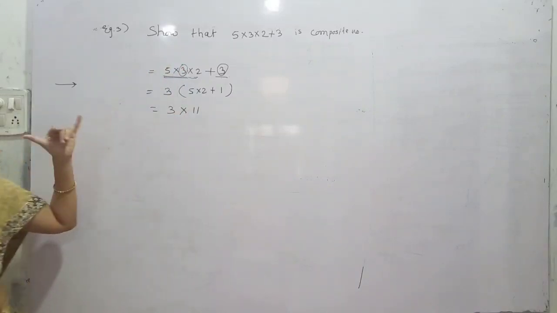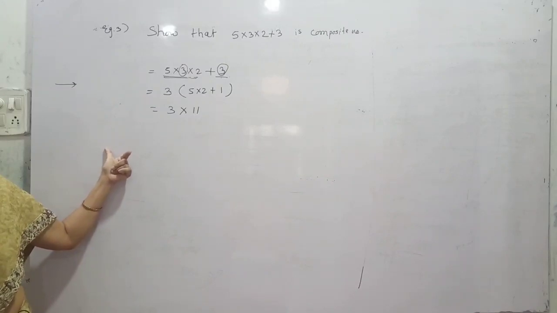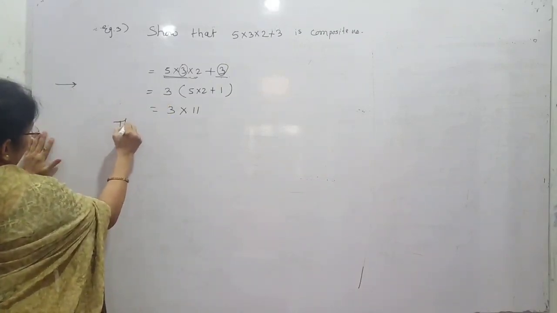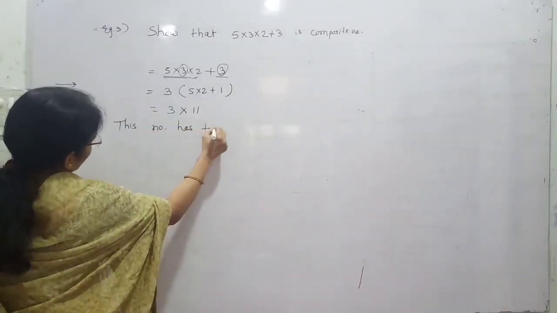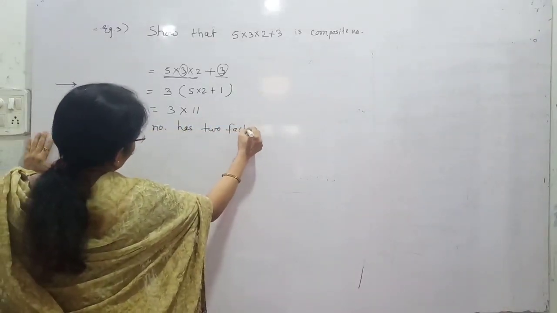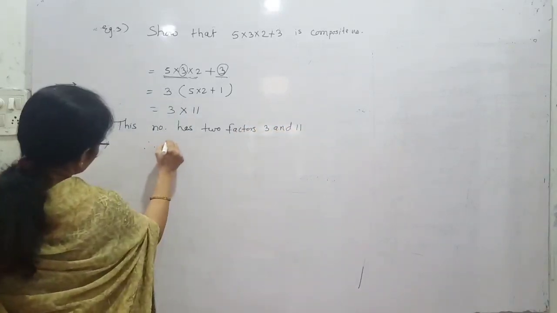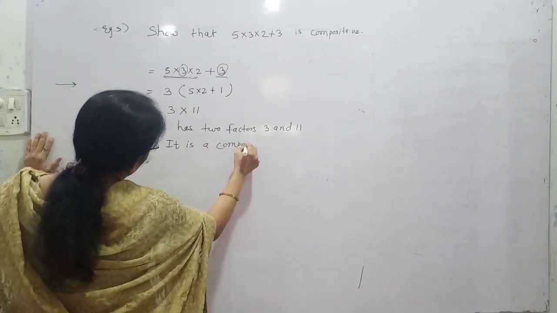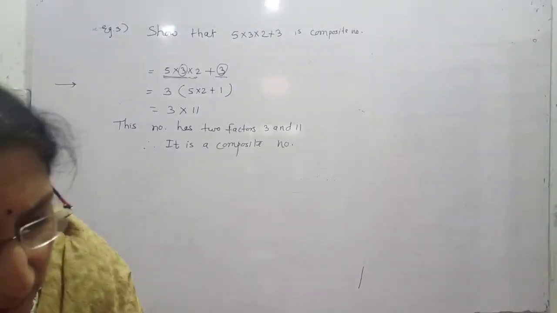So it is a composite number. You have to solve by this method, not calculation. So this number has two factors 3 and 11, hence it is a composite number.